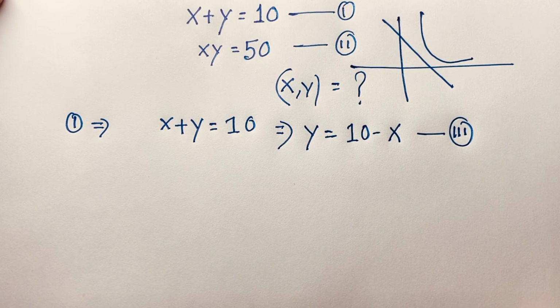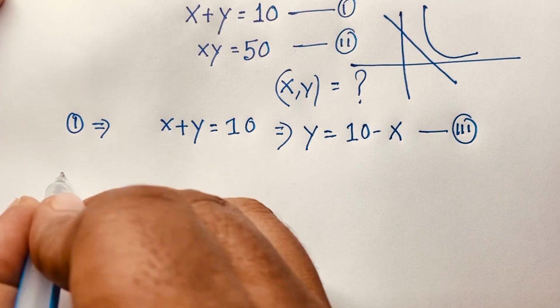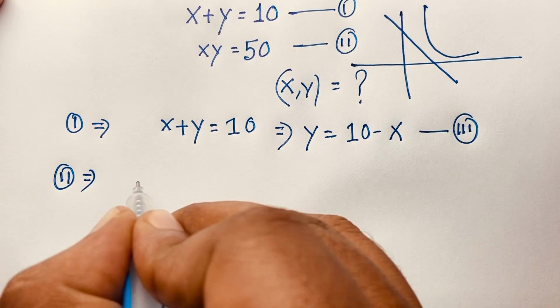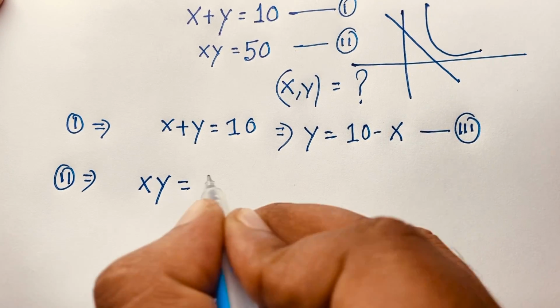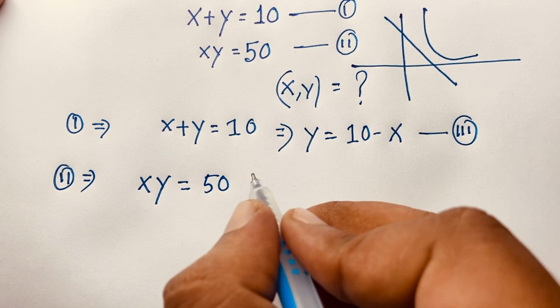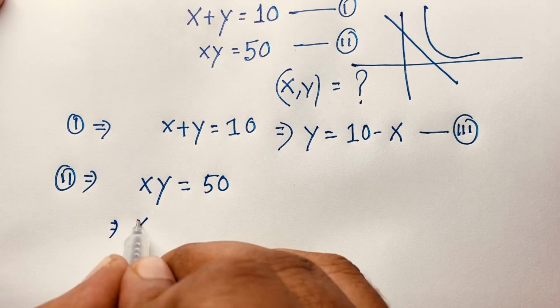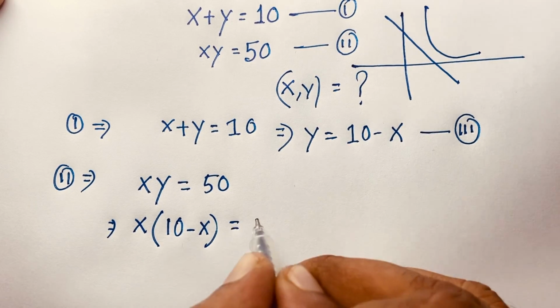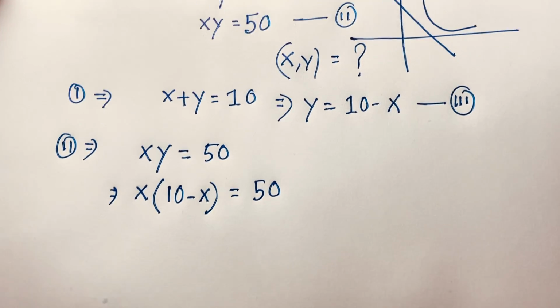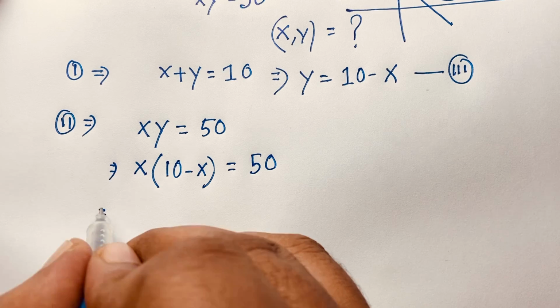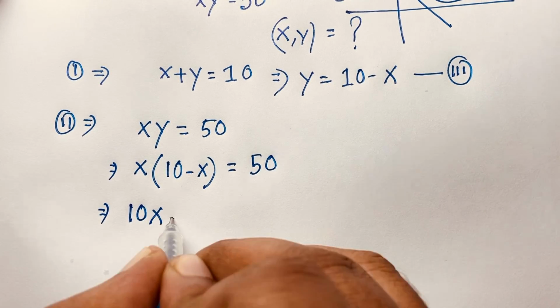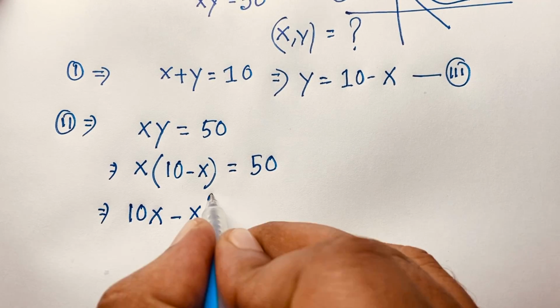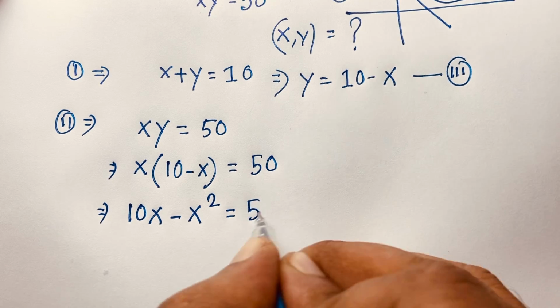Now at this moment, if I take our second equation, it will be xy is equal to 50. Now you can see here x times y, it will be x times (10 minus x), and here is 50. Now you can see this expression, it will be 10x minus xx, which is x square, is equal to 50.